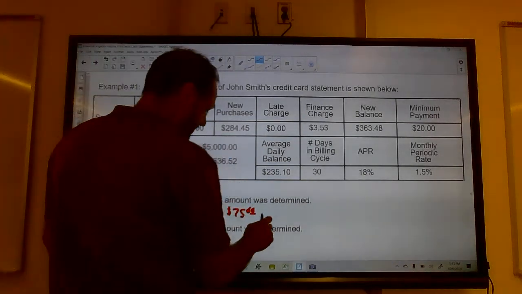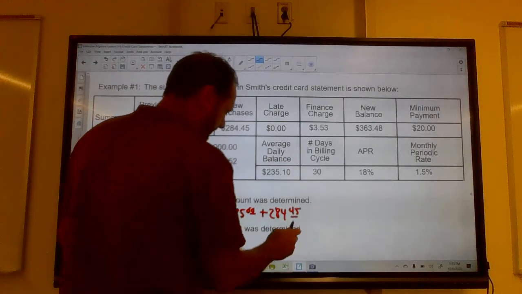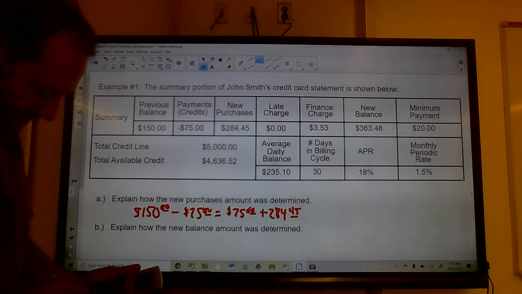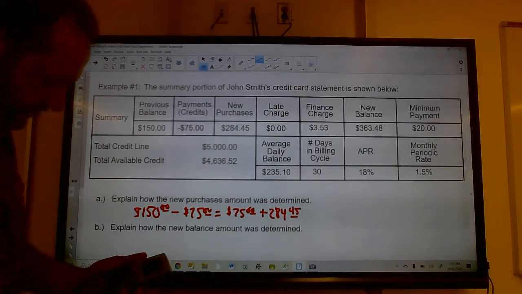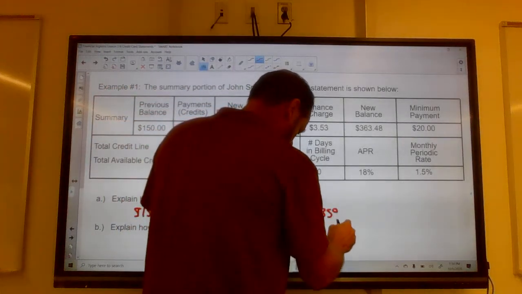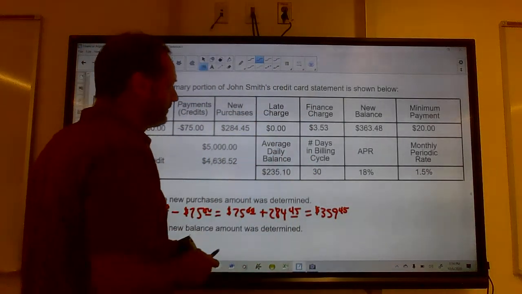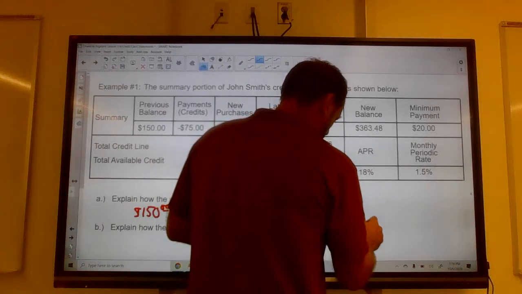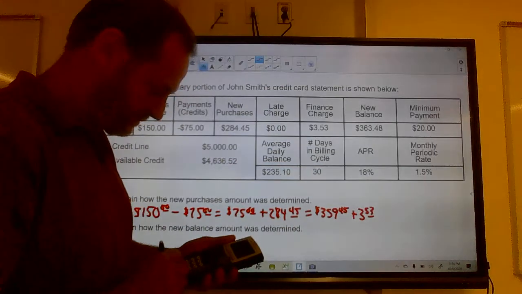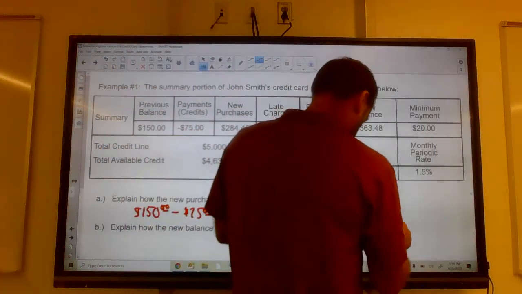Then they added the new purchases, $284.45. So $284.45 plus 75 is $359.45. They added the late charge, which is $0. They added the finance charge, $3.53. $362.98.